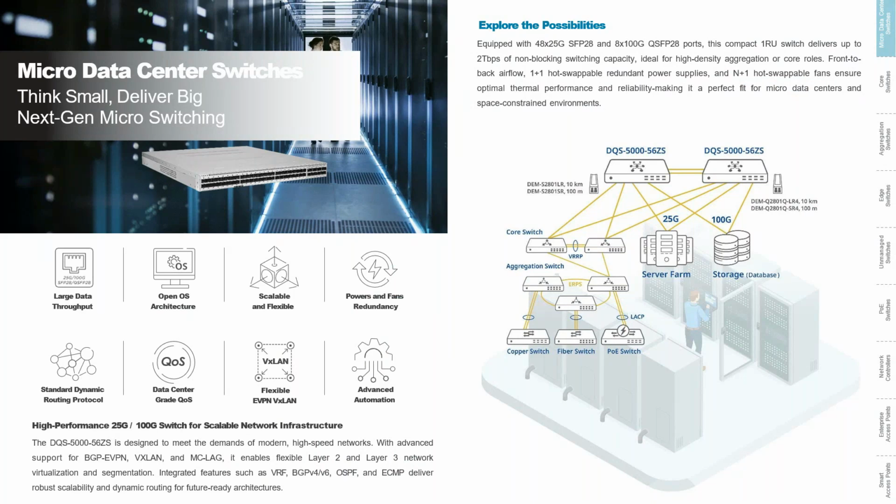What you see on screen at the moment is, I think, one of our highest end switches. This DQS 5000 56ZS is very much targeted at, as you can see, micro data centers and also enterprises that may require very high performance core switches.